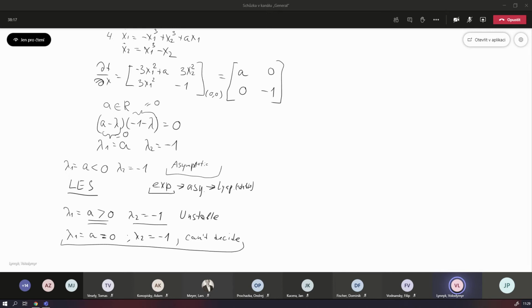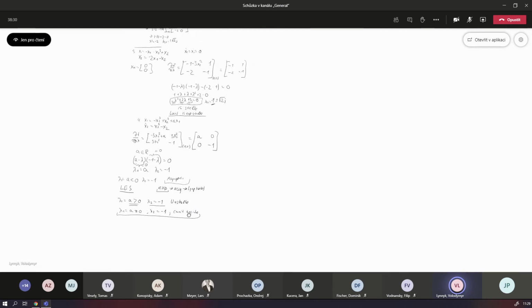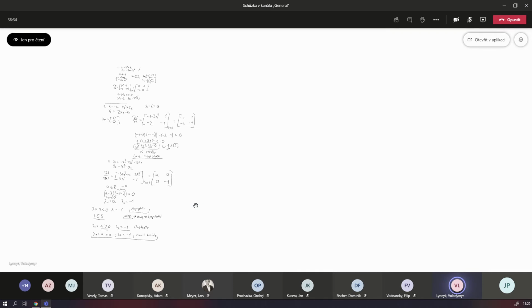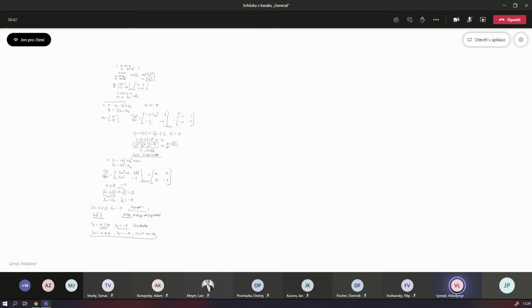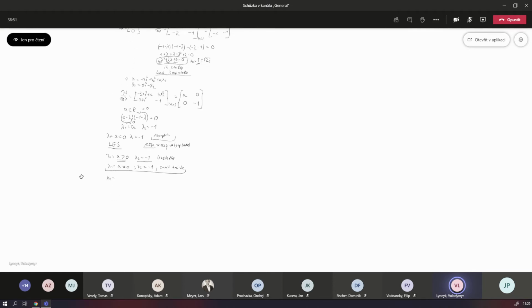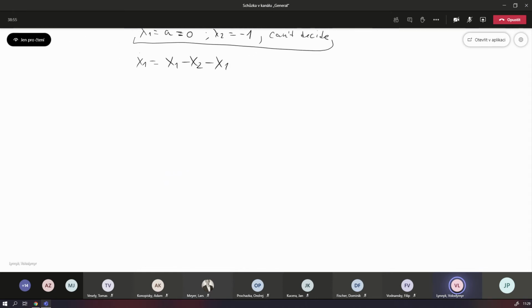And this: x1 dot equal to x1 minus x2. Okay, this system: x1 dot equal to x1 minus x2 minus x1 times (x1 squared plus x2 squared), and x2 dot equal to x2 plus x1 minus x2 times the same factor.